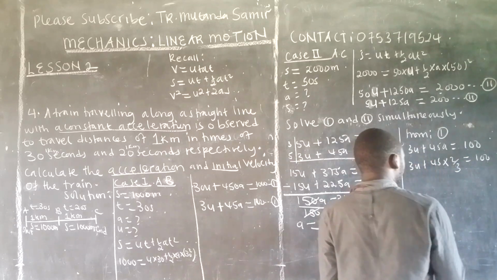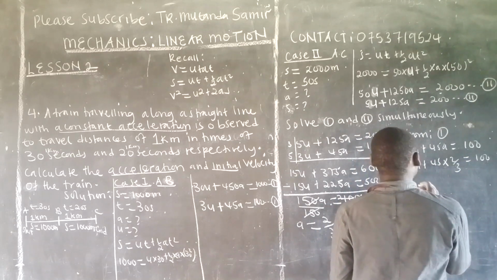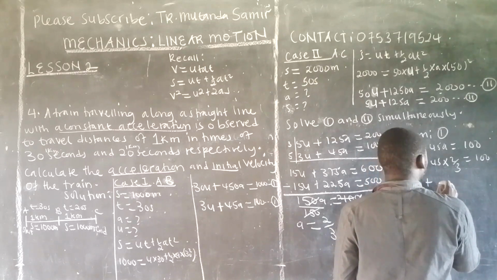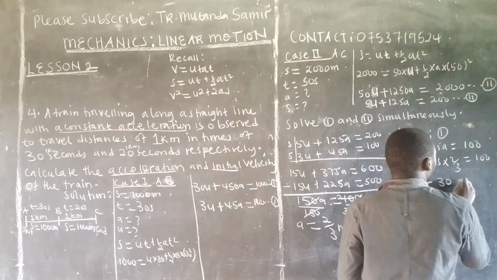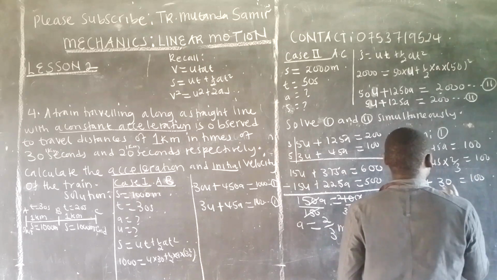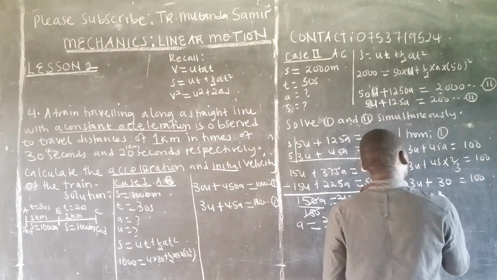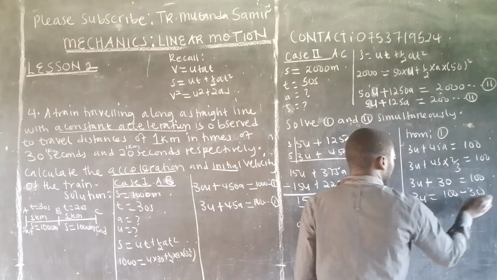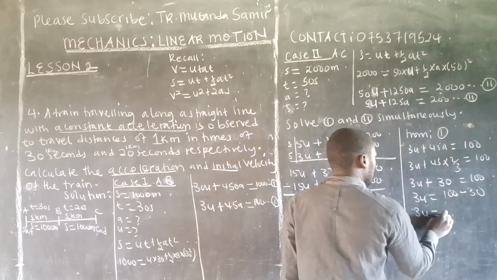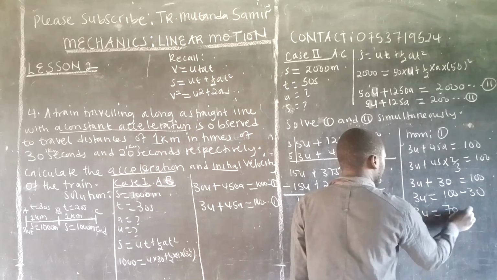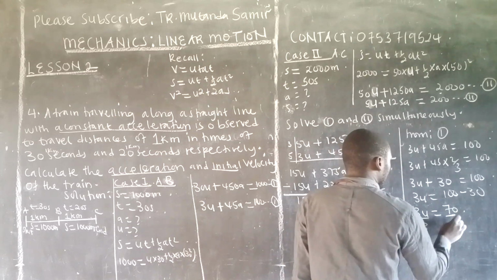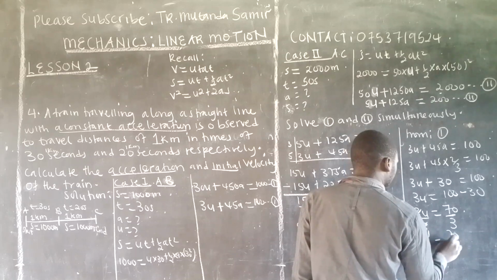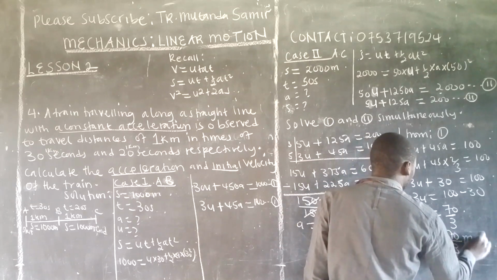So this will be 3u plus 30 is equal to 100. So that will be 3u is equal to 100 minus 30. Therefore, 3u is equal to 70, divided by 3 on both sides. So now our u will be equal to 70 over 3 meters per second.